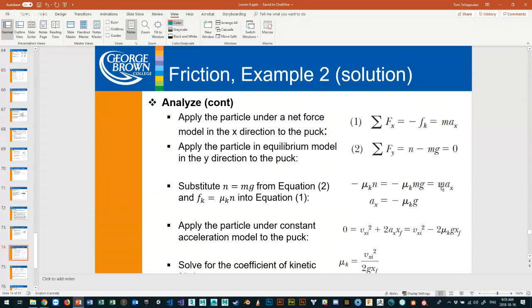Once you start doing that, you see there's mass on both sides. Just like we said before, mass has no bearing here, so if I divide both sides by m, mass is no longer a factor. We're left with negative mu kinetic times gravity equal to acceleration across the x-axis. That's what we're getting here.